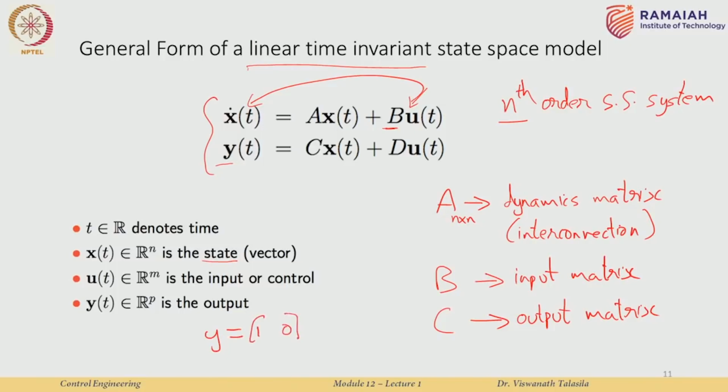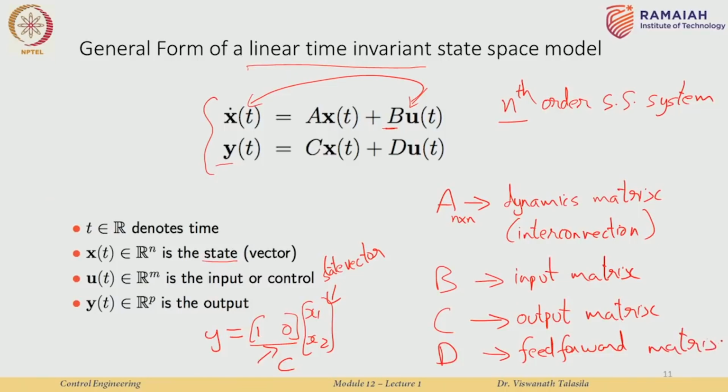So, we had an output matrix like this, where x1 and x2 is the state vector, and this particular row over here was actually the C. So, C is the output matrix. We are not going to be dealing with the matrix D over here. D is actually called the feed through matrix, the feed forward matrix, and we will not consider that over here.